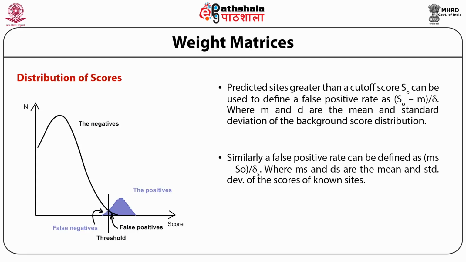Unfortunately, for most methods, it is not possible to get 100% in both, and so you have to make a trade-off. So somewhere you set your threshold so that both the false negatives and the false positives are something which your method can handle, which is within manageable limits.